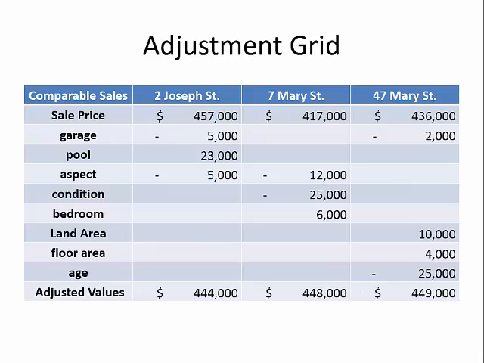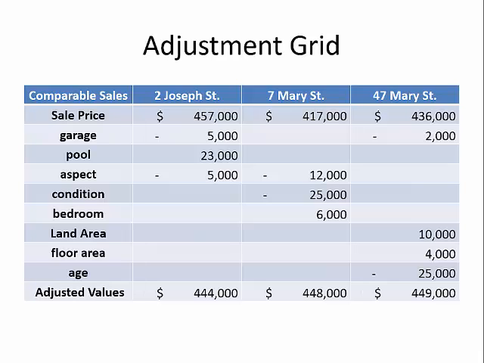By the time the other comparable sales are likewise adjusted, you end up with what appears to be quite a range of comparable sales prices being analysed down into a very narrow band, and that gives the valuer confidence that the subject property looks like it's between $444,000 and $449,000, which is certainly a very nice result.